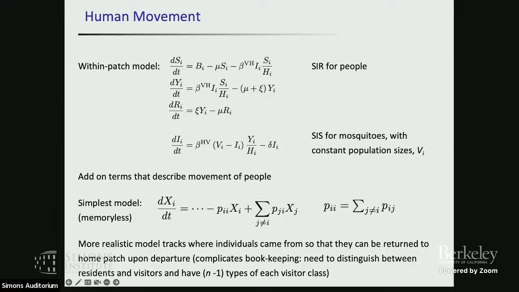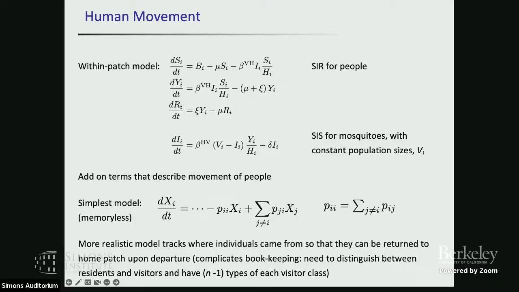That's not a desperately good model for how people are going to move from their homes to different locations around the city. So I can make a more realistic model, which I wouldn't really care to write down, but a more realistic model that tracks people's home patches. So when they move from patch 1 to patch 2, you remember that these individuals are from patch 1.